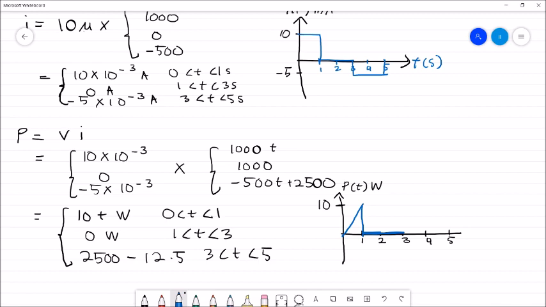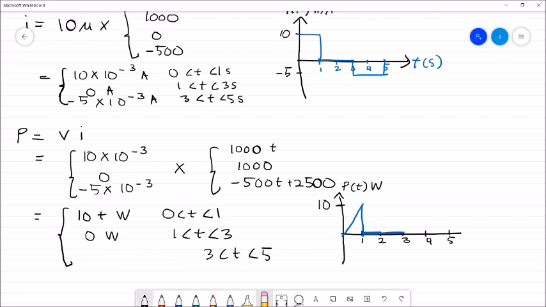Okay, now you will get 2500t. Here is t. Sorry, here will be supposedly, let me erase it.